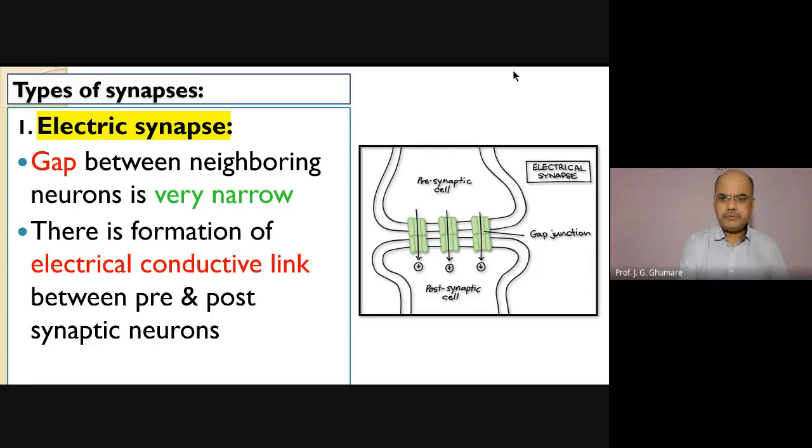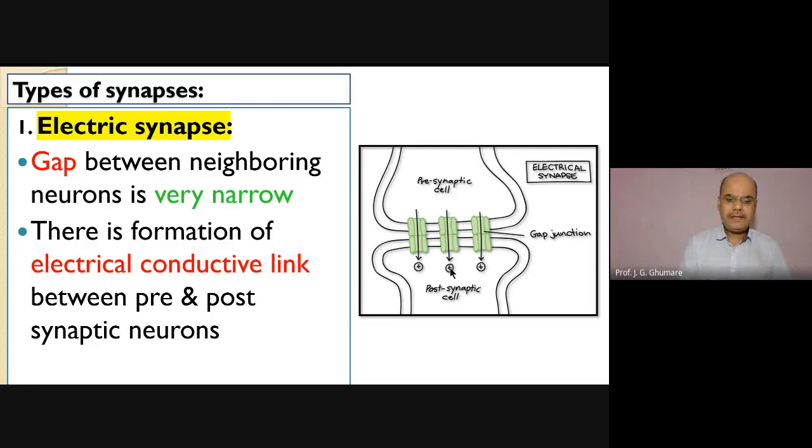First, the neuron contributing is the presynaptic cell, the neuron before the synapse. Then we'll have the actual junction, which will include either a gap or no gap. And then the other neuron is called the postsynaptic cell or postsynaptic neuron. Transmission of impulse will take place from one neuron to the other in this way.